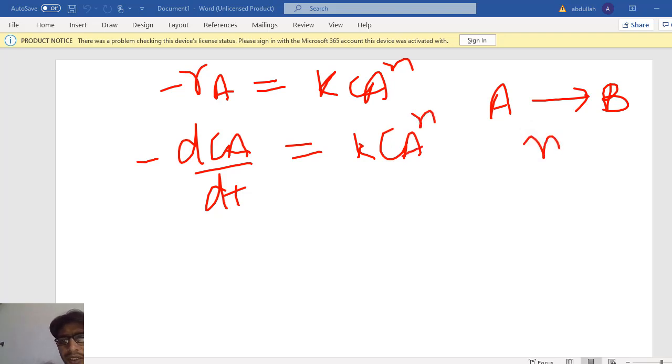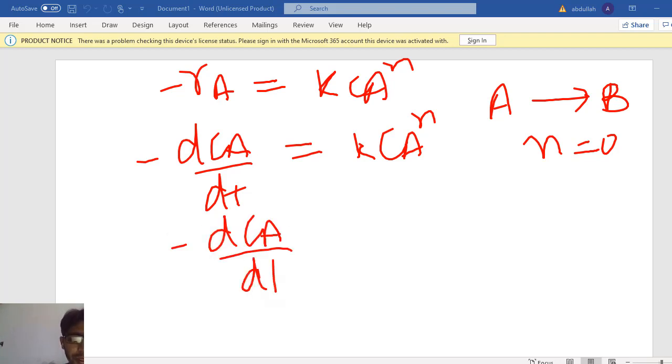For a zero order reaction n equals 0, so minus dCA by dt equals k. Further, minus dCA equals k dt.